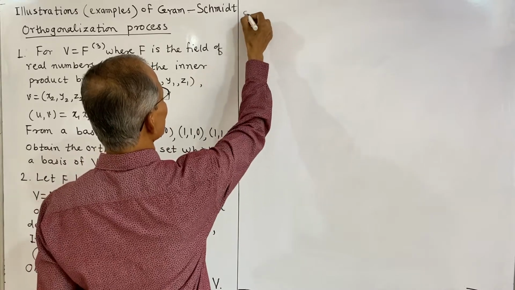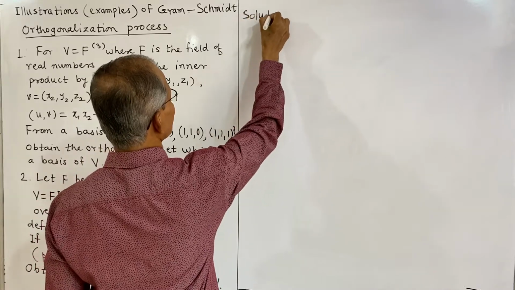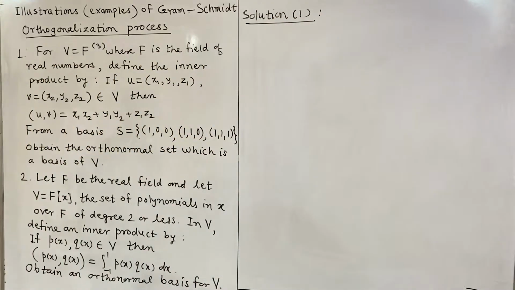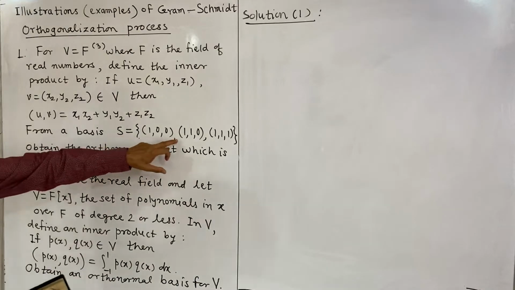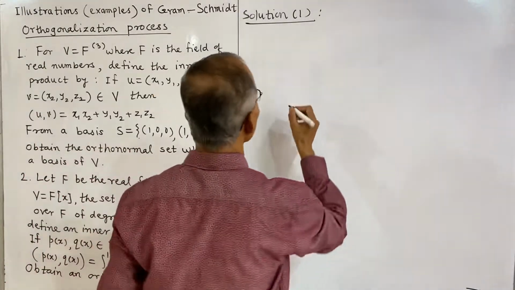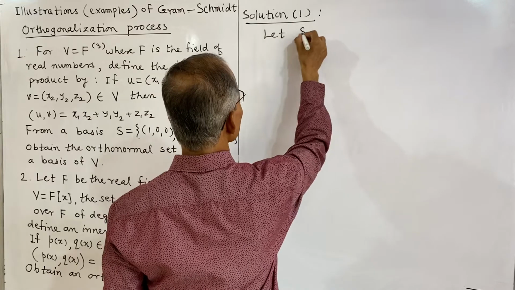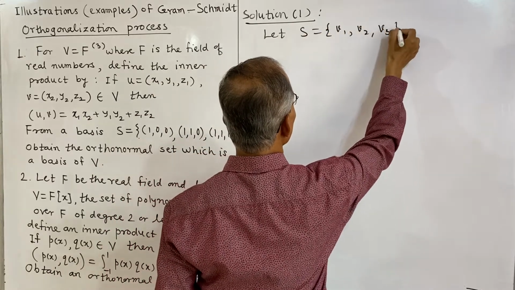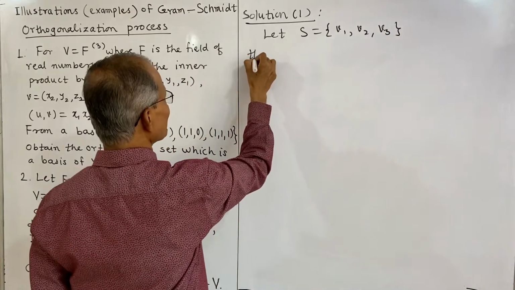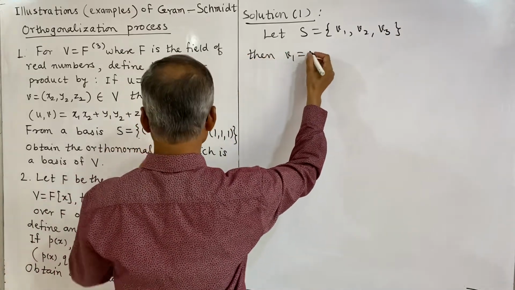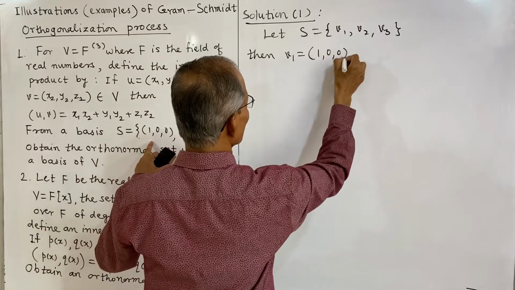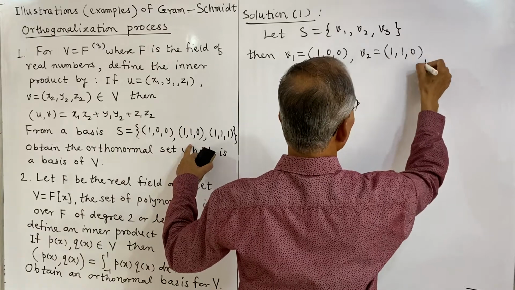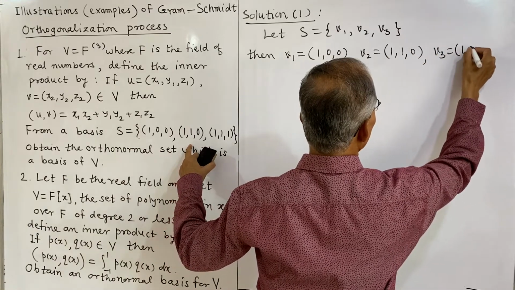So, solution for the first example. Here S is given, and the vectors in S we shall denote by V1, V2, V3. Then V1 is 1, 0, 0, V2 is 1, 1, 0 and V3 is 1, 1, 1.